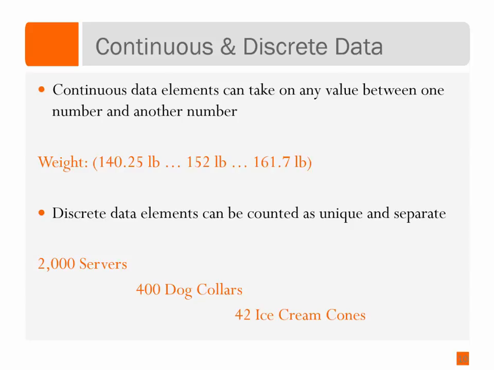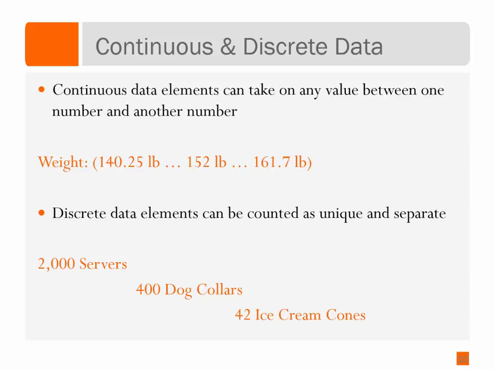Then the next individual weighs 152 pounds. And then the third individual weighs 161.7 pounds. So this is an example of continuous data elements that are taking on any value between one number and another number.